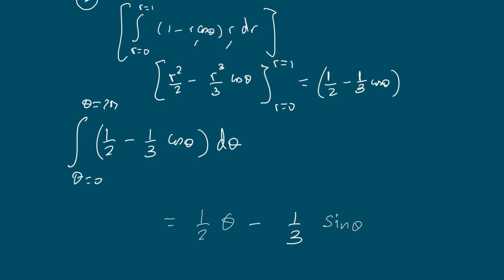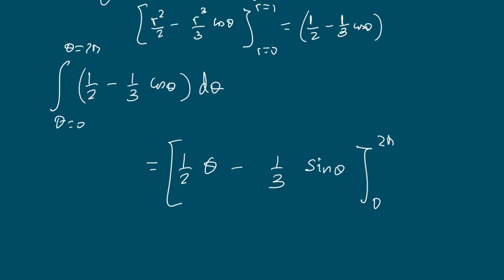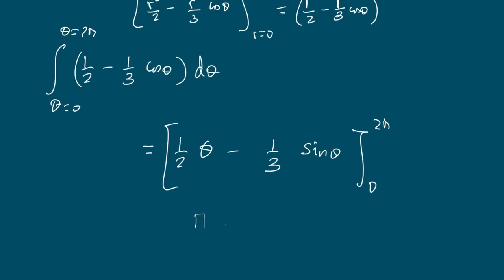I evaluate between 0 and 2 pi. At 0, this is 0, so 0 gives nothing. For 2 pi, we get pi minus 1/3 of sine of 2 pi, which is 0. So the final result is pi, and the problem is done.